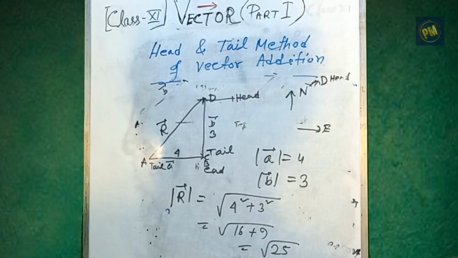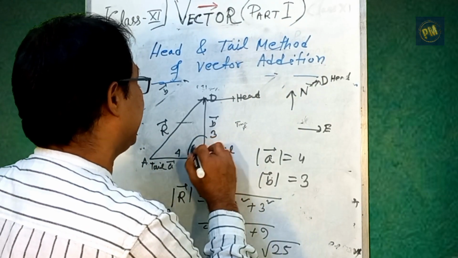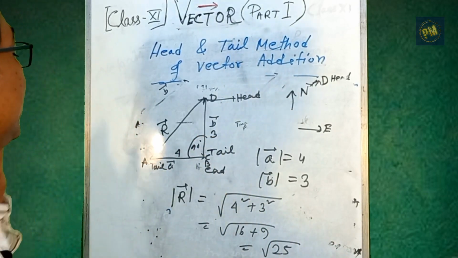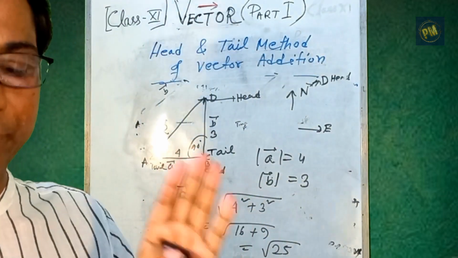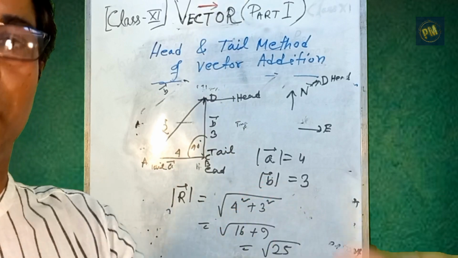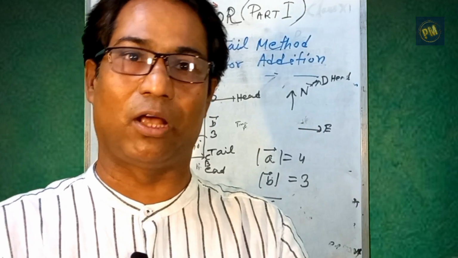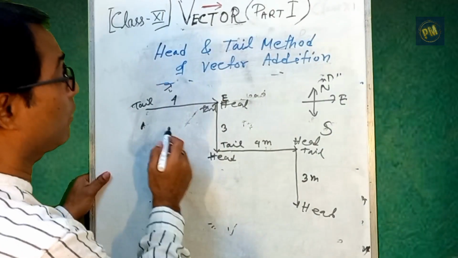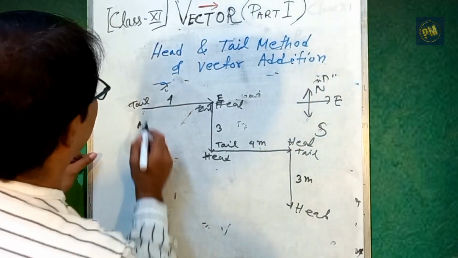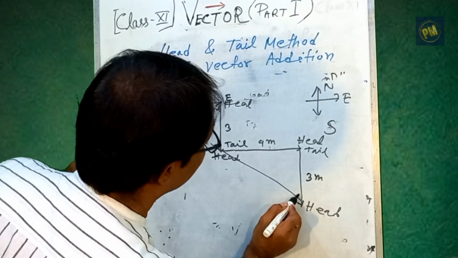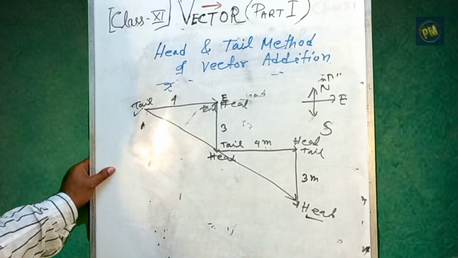You can determine the resultant 5 by the head and tail method. Why? Because this angle is 90 degree, you can apply the Pythagoras theorem here. But in the previous case you can't determine the angle between the vectors. So you have to apply different laws, that is parallelogram law and triangular law, to add the vectors. How can you find out the resultant? By using the head and tail method. Just join the tail of the first vector and the head of the last vector.